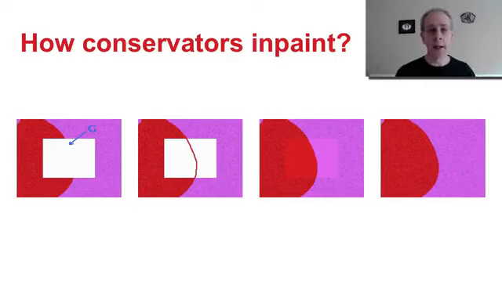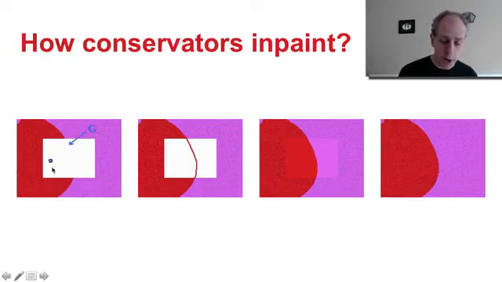When I personally started working on image inpainting with my group, we visited a professional restorer, a professional curator at the Minneapolis Institute of Arts. And we asked this person, how do you inpaint? How do you restore? And it's very interesting because they were doing it the way that children draw. And here is the illustration.